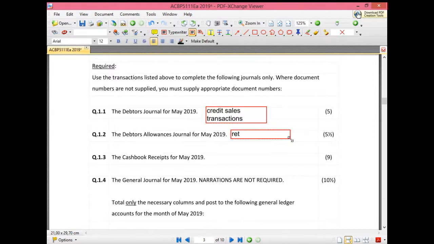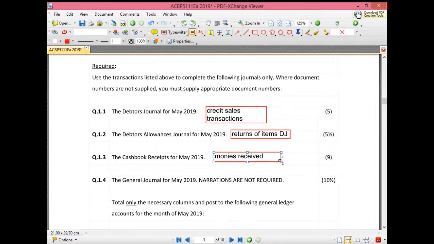That would be any returns of items that were in your DJ. So in your debtors' journal, any credit sales that I return will then be captured in my debtors' allowance. And then the cash book receipts is any monies received.